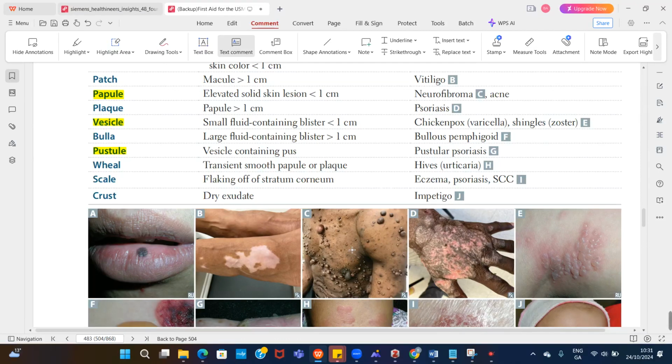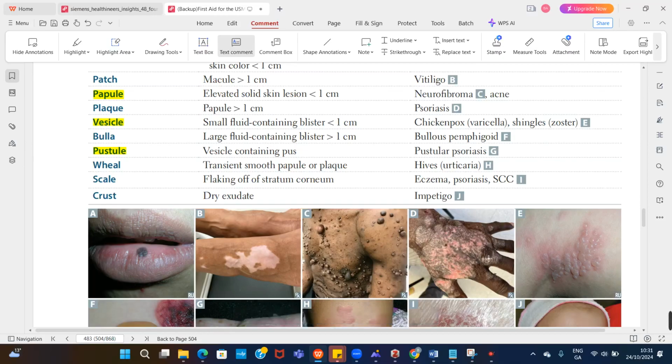What happens if this lesion is raised, but is more than 1 cm? It cannot be called a papule again. We have to call it plaque. Plaques are raised lesions more than 1 cm. So what we have here is a plaque.